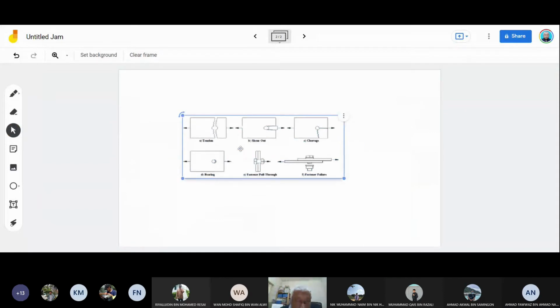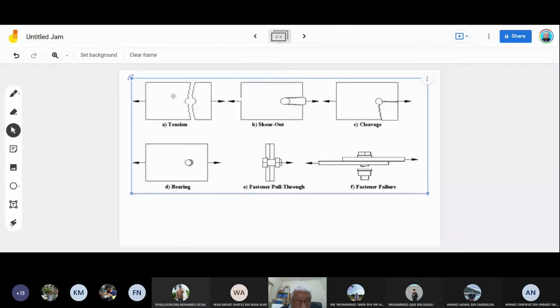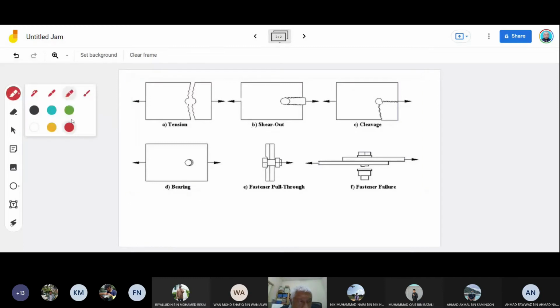It can fail in several ways. The skin itself may crack through. The rivets may shear out through the skin. You may have cracks over the edge distance in both ways. Or you may have the hole of the fastener squashed from round to oval, which is bearing. Or maybe the head will be pushing through, meaning that the fastener head will cut through the skin.